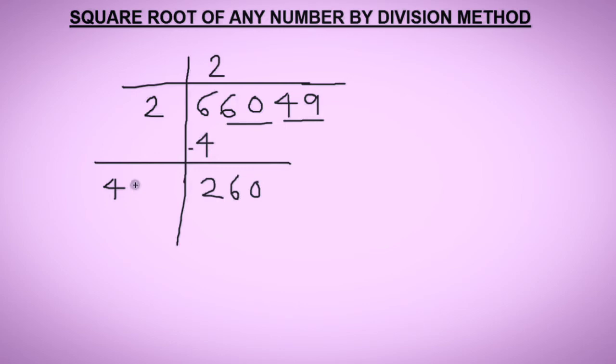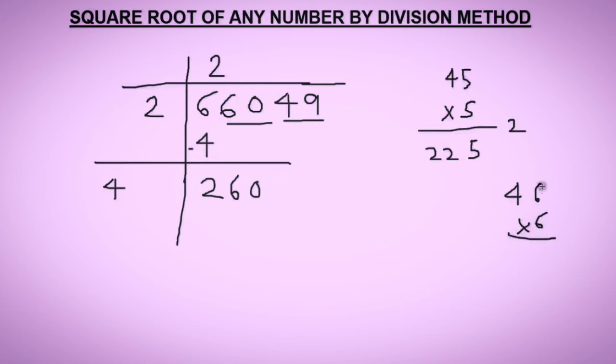We will assume a unit digit such that on multiplication our answer should be less than or equal to 260. Now you have to assume a unit digit, right? I have taken 5 directly, so if you do so, yes, we have got 225. Let us check for 46 into 6.